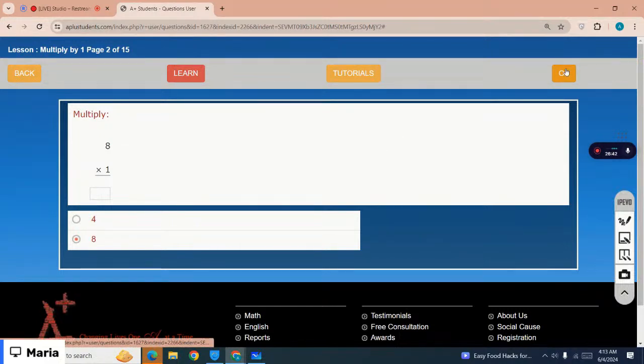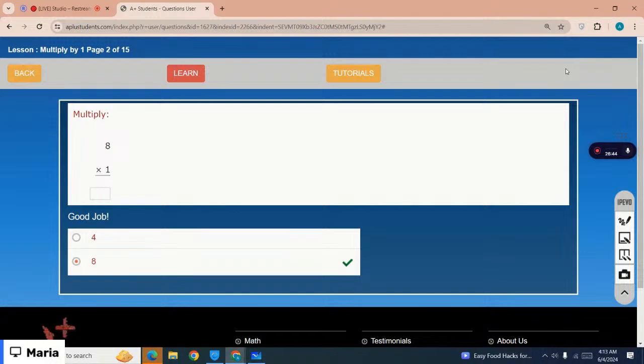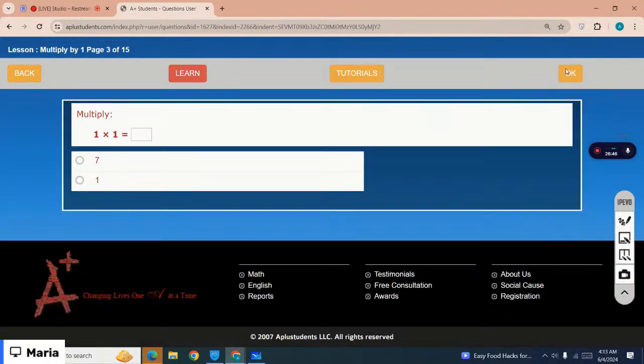Yes, any number times 1 is the same, right? The number stays the same. 1 times 1 is 1. The correct option is 1. Very good.